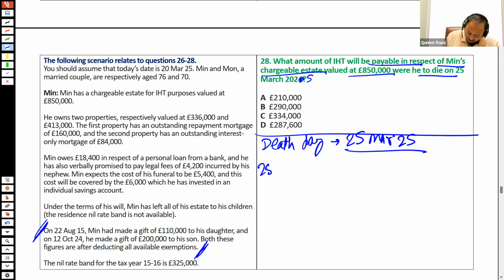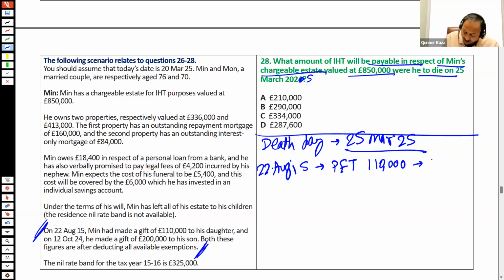On 22nd August 2015, Min made a PET of 110,000. August 15. Today is March 25.